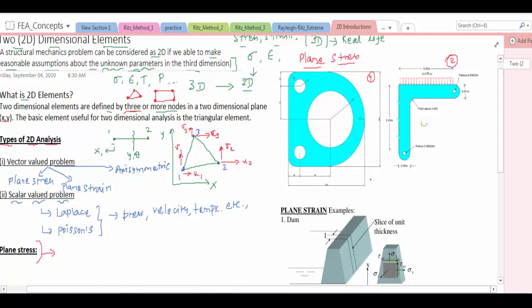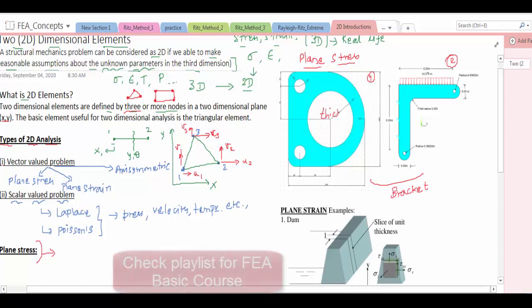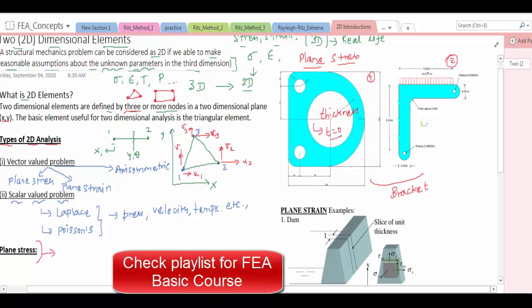These two are called brackets, right? One end may be fixed and the load may act on some other side. Even though this kind of bracket will have a thickness, we are assuming that the thickness is 0. So we are not going to assume anything.